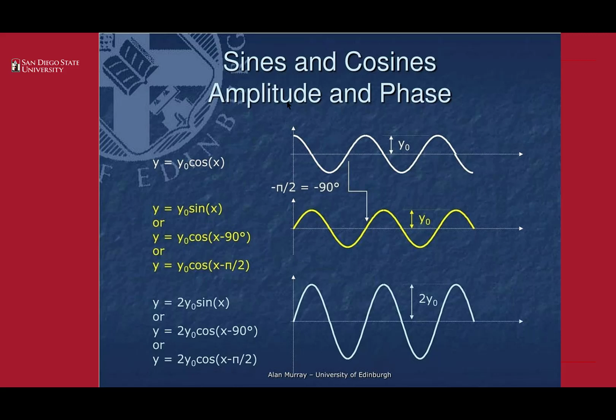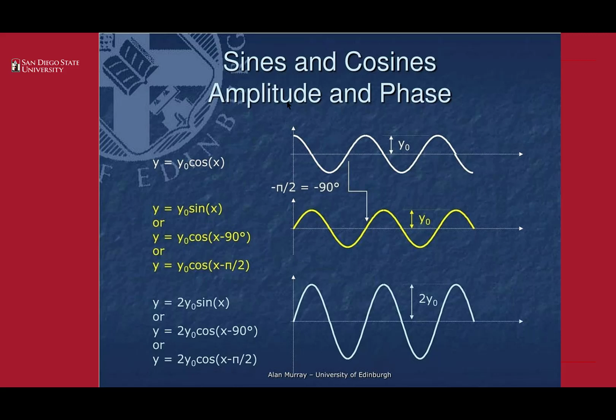And let's look at the second row, the 3 yellow equations, where it says y equals y0 sin x, or y equals y0 cos (x minus 90 degrees), or y equals y0 cos (x minus pi over 2).